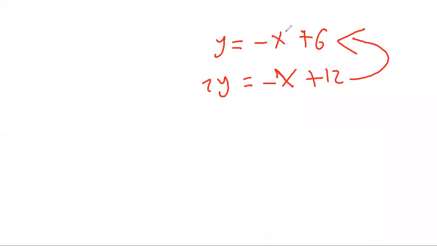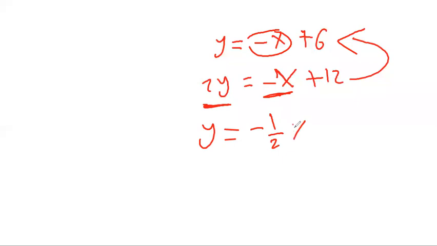So we will find the gradient of the first equation. The gradient is negative 1. And what about the gradient of the second equation? Don't say it's negative 1 also. Why? Because this is not y equals. This is 2y equals. I must divide by 2 first. So it will be y equals negative 1 over 2 x plus 12 over 2.